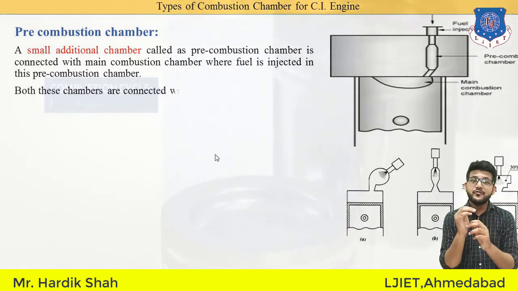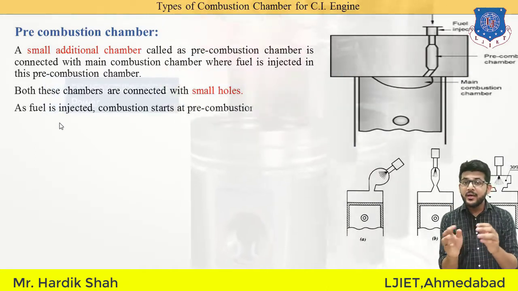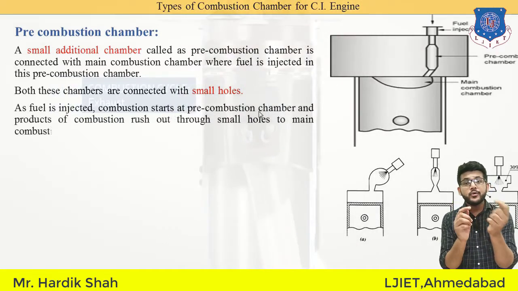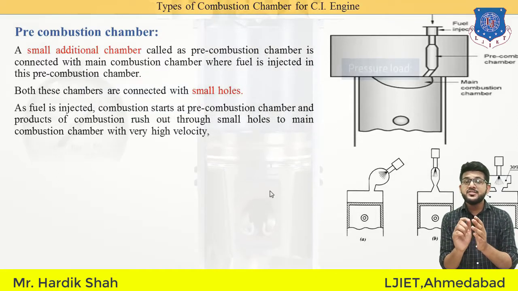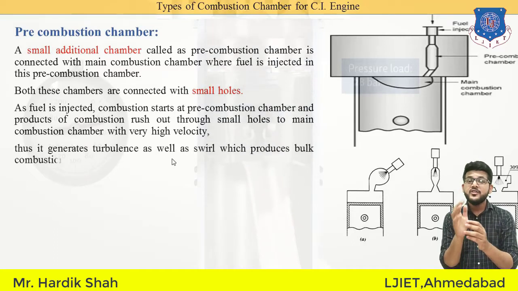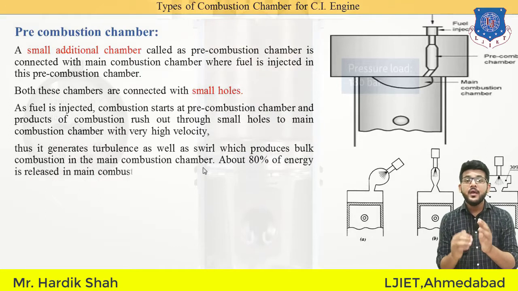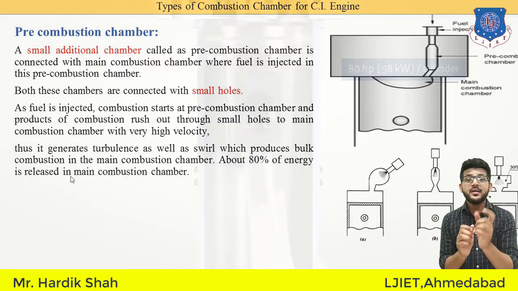As the fuel is injected, combustion starts in the pre-combustion chamber and the products of combustion rush out through that small hole to the main combustion chamber with very high velocity. Thus it generates good turbulence as well as a swirling condition, which provides the bulk combustion in the main combustion chamber. About 80% of the energy is released in the main combustion chamber.